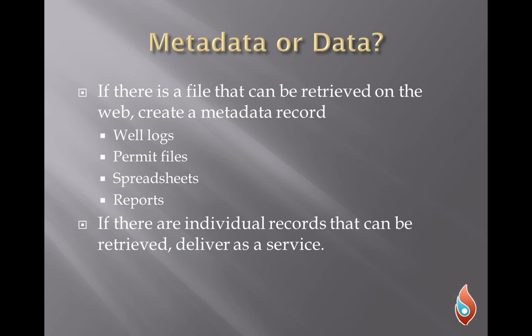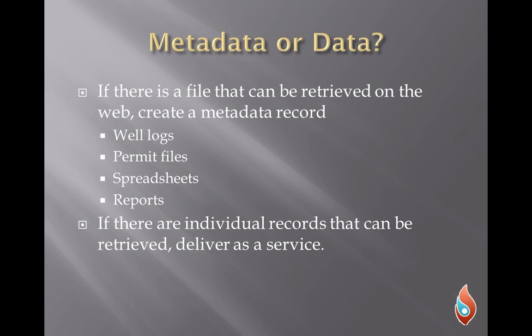But the more interesting case is if there's individual records that we can retrieve or deliver, then the idea would be to set these up as services. So for instance, with the wells themselves, if what we're doing is thinking of a well header as representing each well, you can't send the well over the wire. So what we have is a web feature service that has a feature, or a database record, if you want to think of it that way, for each well.